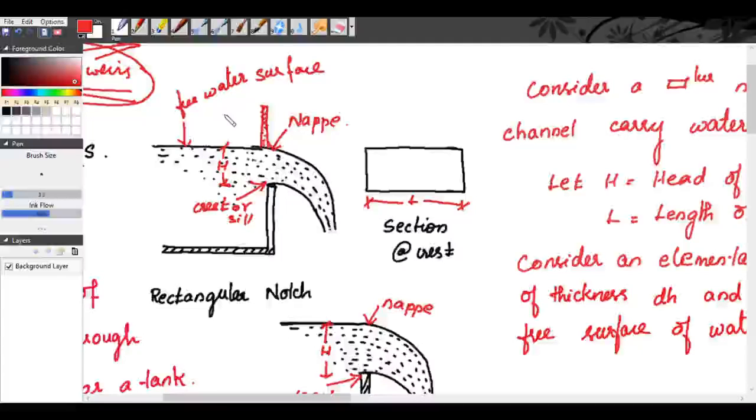So from the free water surface at a distance of h, consider a small stripe of thickness dH.